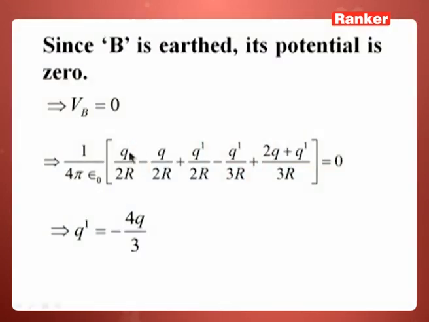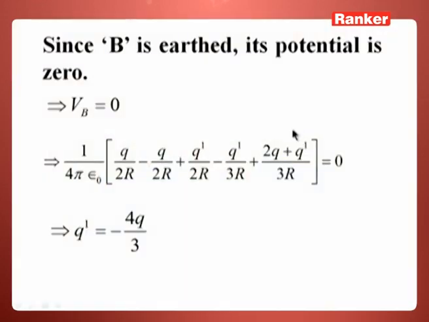1 by 4 pi epsilon naught into Q by 2R minus Q by 2R plus Q dash by 2R minus Q dash by 3R plus 2Q plus Q dash by 3R. Now you can understand these three values are due to the first and second spheres, and these two are due to the third spherical shell.